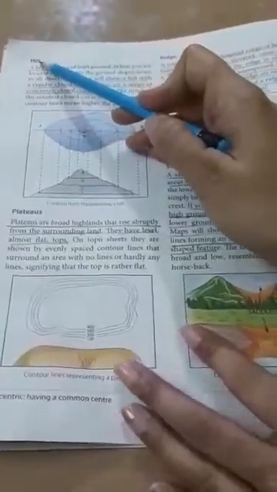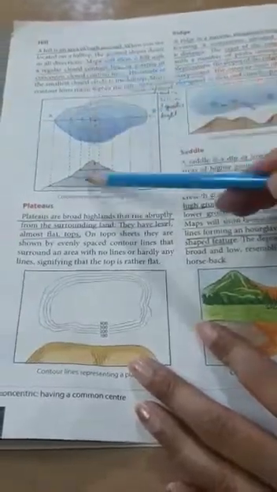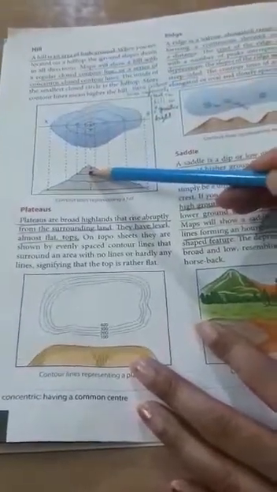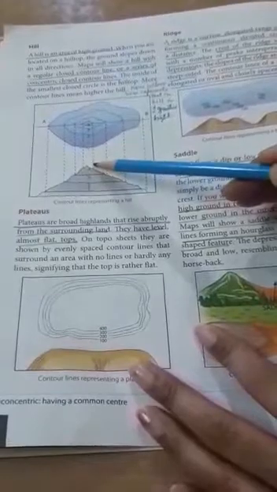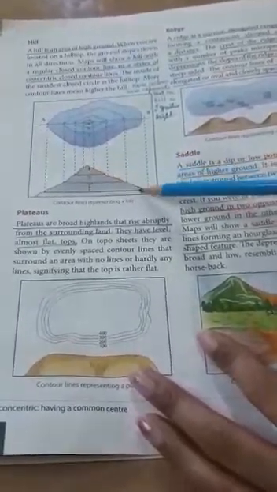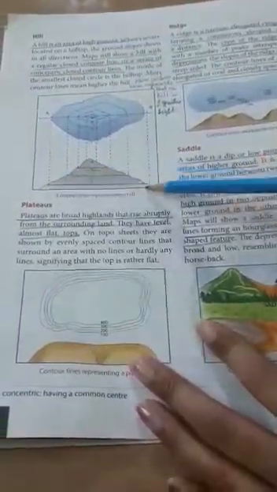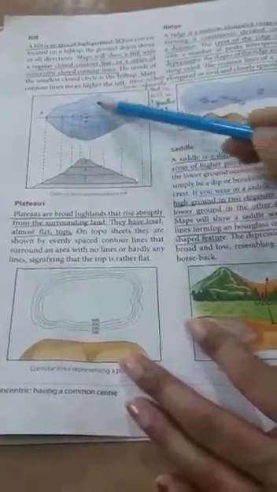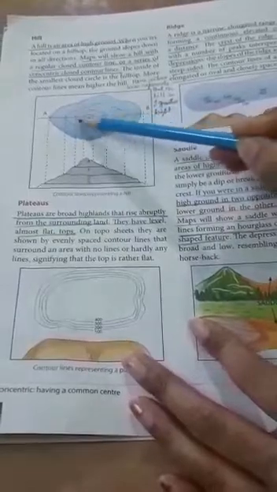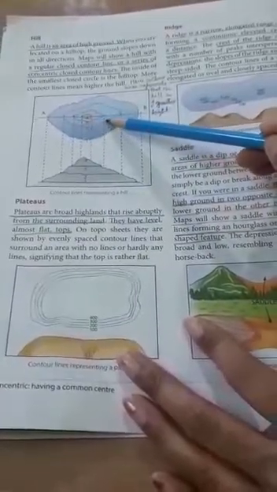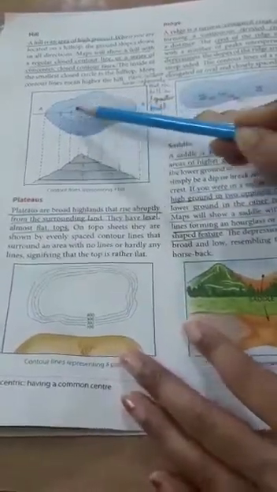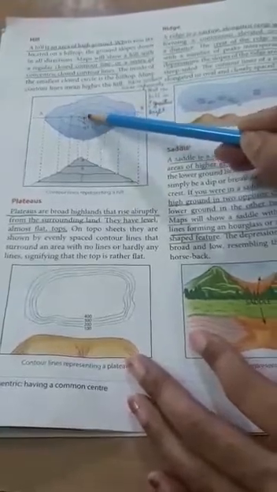Now, the next type of landform is the hill. What do you mean by hill? It is an area of high ground. When you are located on the hilltop, the ground slopes down in all directions. Maps will show a hill with regular closed contour lines, or it can be said to be a series of concentric closed contour lines.